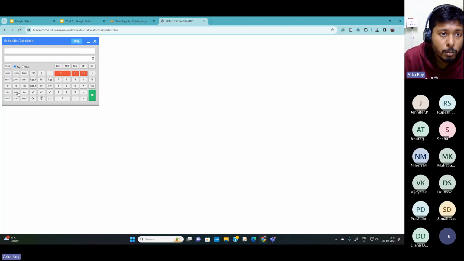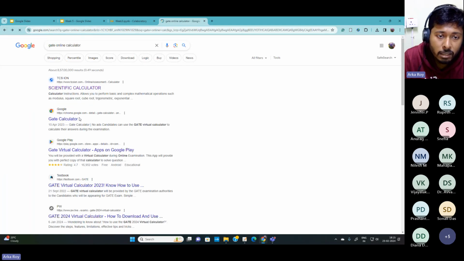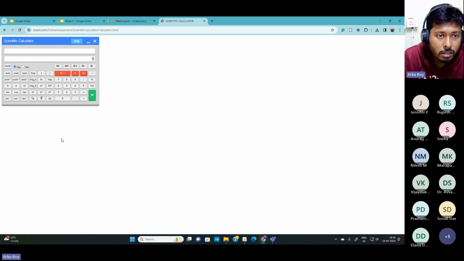Okay, so this is provided by TCS iON. Otherwise, you can use Google Chrome. There are several extensions also there, so you can just plug it into your Chrome. So you can get any sort of Google Chrome extension, and you can use that one also. But specifically, I would recommend using this one. Okay, thank you, sir.